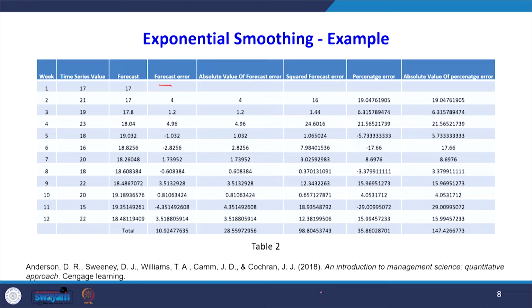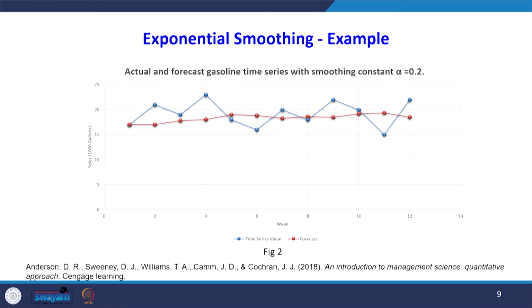What we have done here is find the forecast error, then the absolute value of forecast error, then the squared error, then the percentage error, then the absolute value of percentage error. At the bottom of this table we have found the sum of these forecast errors, which will be used for calculating some of the measures of accuracy for the forecasting.